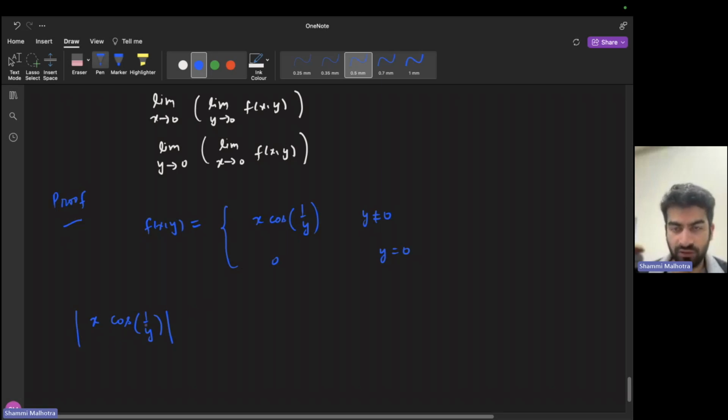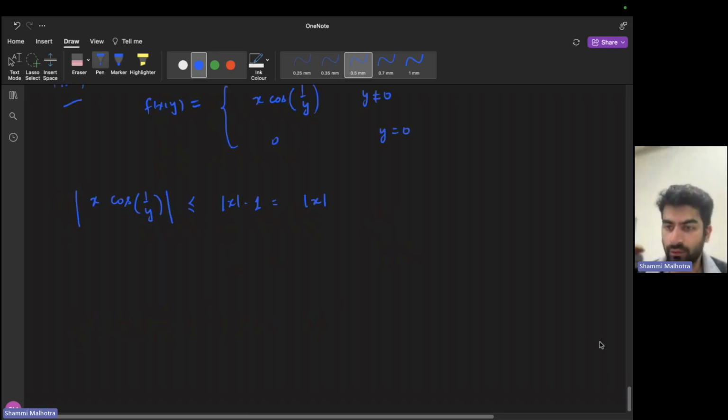So whenever y is non-zero, this can be bounded above by |x| times 1, which is just |x|. Again, using the same technique which I've used earlier, this |x| is less than the square root of x squared plus y squared, which is less than delta. I would like to have this be less than epsilon. So I just take delta to be epsilon.